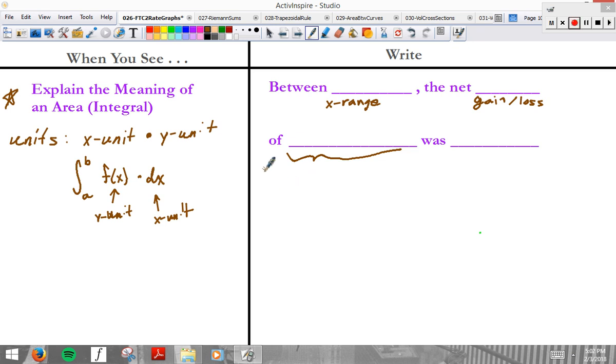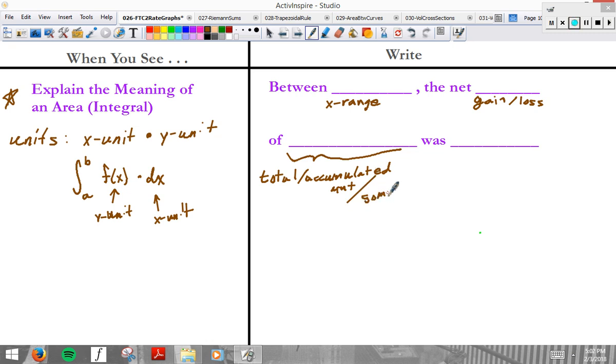So this could be a total, or an accumulated amount, or something else.